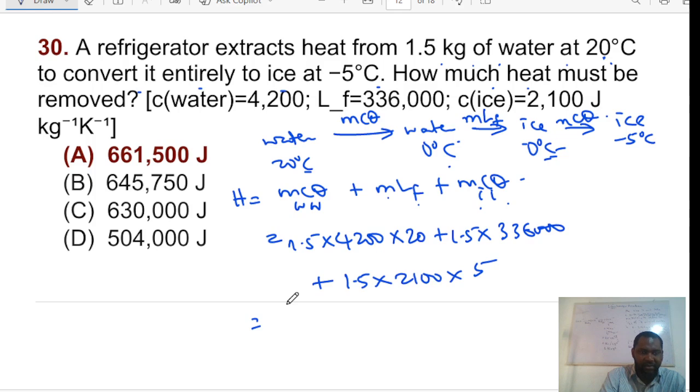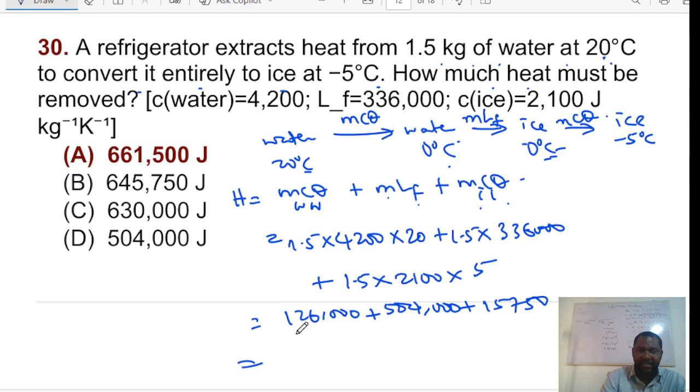So we're going to have 1.5 times 4,200 times 20. So this is 126,000, plus 1.5 times 336,000, and this is 504,000. Then plus 1.5 times 2,100 times 5, this is 15,750.